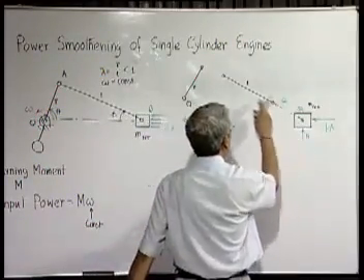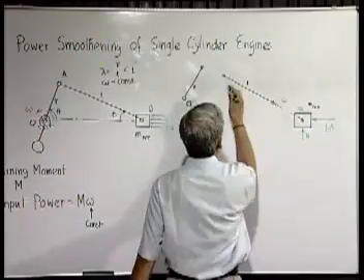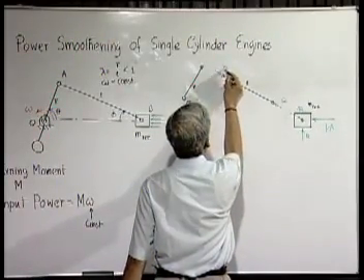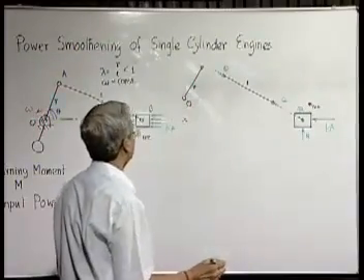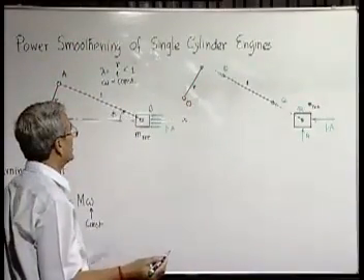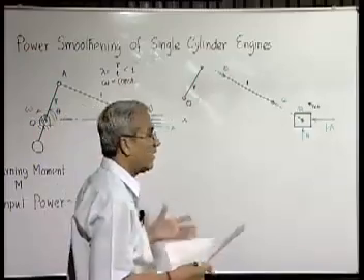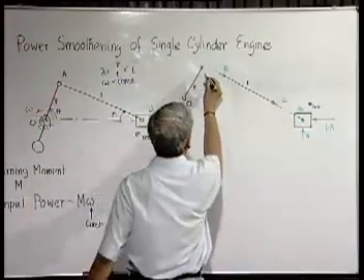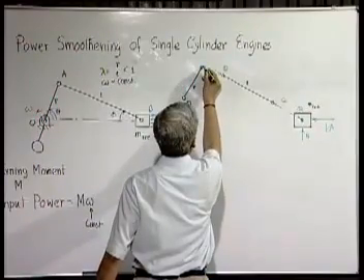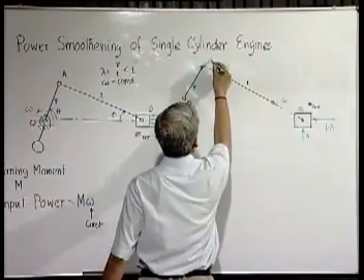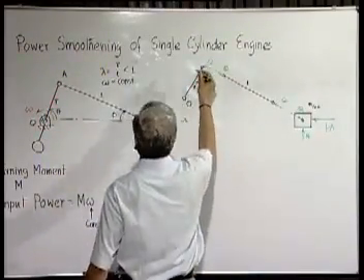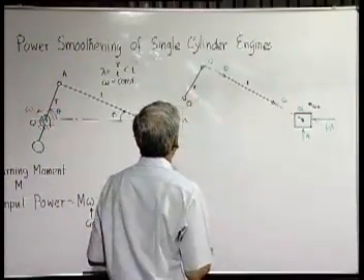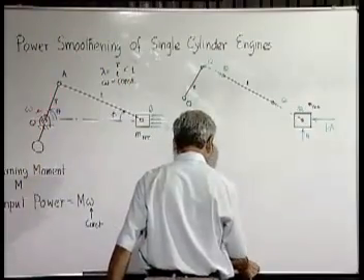Now the Q, which is aligned along the connecting rod, has to be balanced by an equal and opposite force at the other end, because this body being massless cannot accept any resultant force acting on it. According to Newton's third law, the force at point A will act, which is again equal and opposite to this.